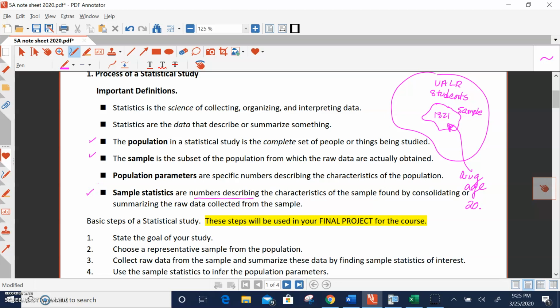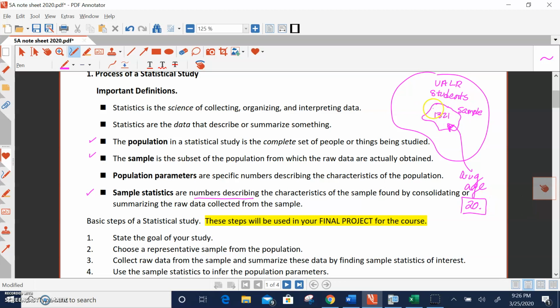The population parameter would be the numbers that describe the characteristics of the population. But again, since it's hard to sample an entire population, what we would say is, hey, here's my sample statistic of 20.